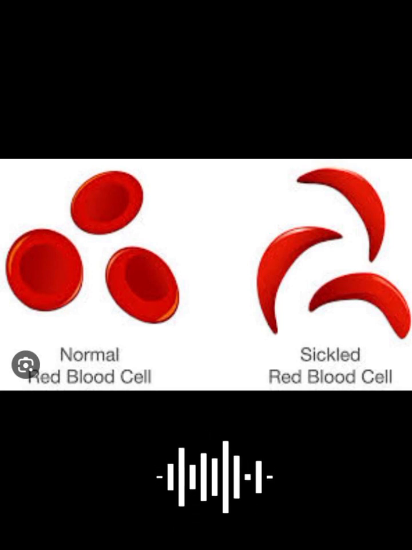This is another medication taken to increase fetal hemoglobin, which increases the red cells in the body and reduces crisis episodes. And I talked about vaccination. Let me just repeat it. People living with sickle cell anemia have a normal antibody response to vaccines and should receive all immunizations recommended by KEPI, that is Kenya Expanded Program on Immunization.